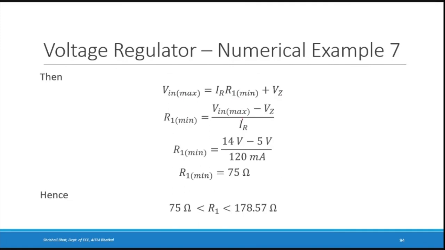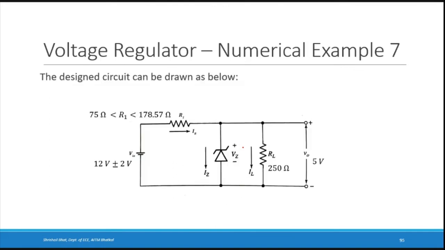Vin max is given as 14 volts, 12 volts plus 2 volts, so 14 minus 5 divided by 120. 14 minus 5 is 9, divided by 120, you get 75 ohms. So the range of R1 is 75 to 178.57 ohms.